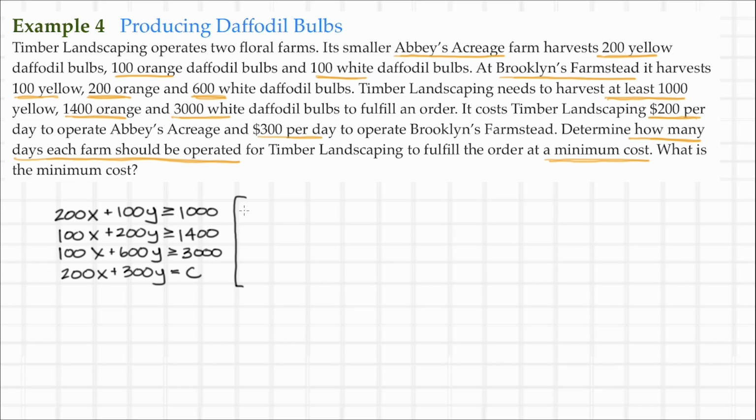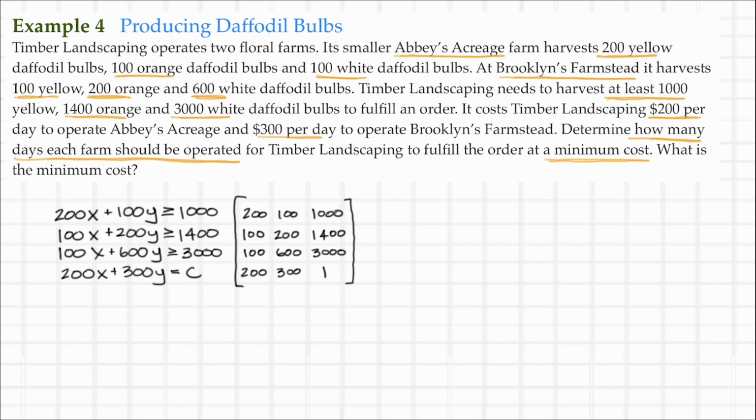So we'll put in 200, 100, and 1,000; 100, 200, and 1,400; 100, 600, and 3,000; and finally 200, 300, and 1. So here's our simple matrix that we're going to transpose.